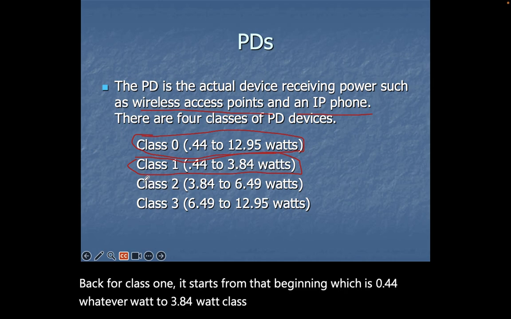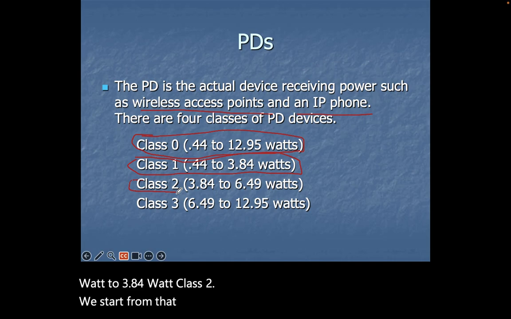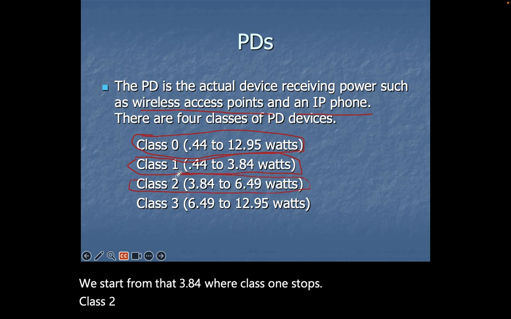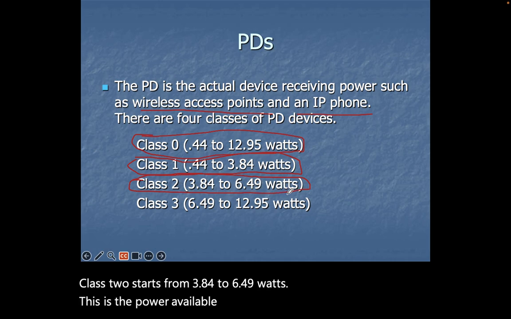Class 2, we start from that 3.84 where class 1 stops. Class 2 starts from 3.84 to 6.49 watts. This is the power available for class 2.